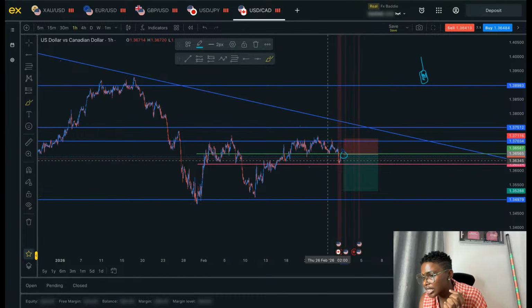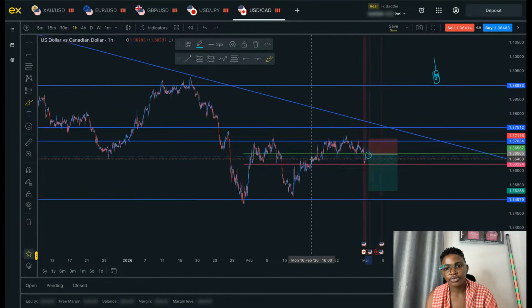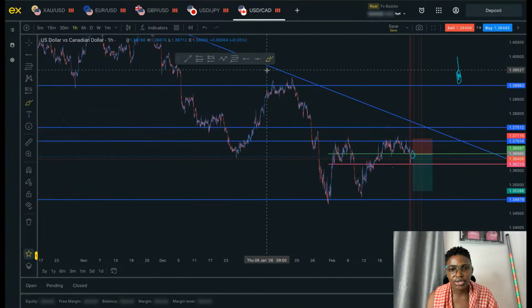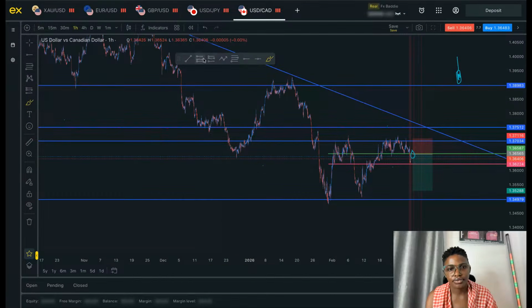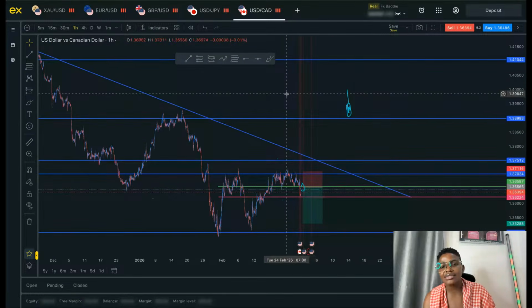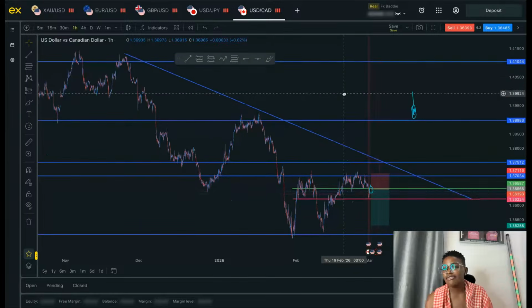I was talking about the trend line. For the trend line, our trend line is still valid because it has not been violated.